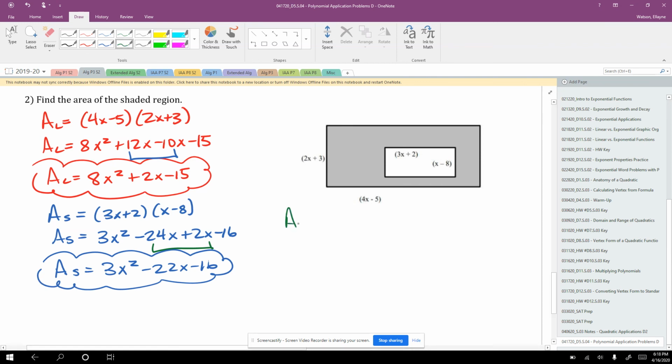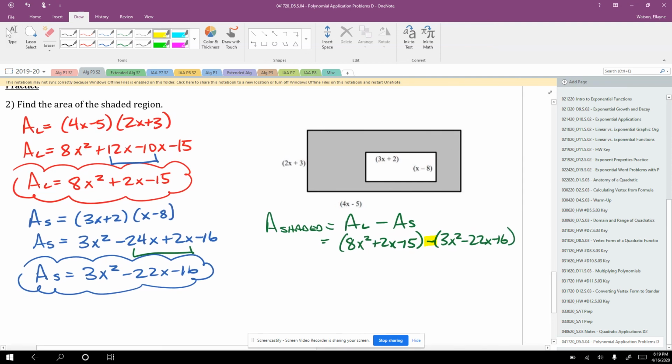Finally, area of the shaded. Take the area of the large, subtract the area of the small. We'll basically take the full rectangle, take out the white part, and we're left with the gray part, which is what we want. So 8x squared plus 2x minus 15 minus the quantity 3x squared minus 22x minus 16.